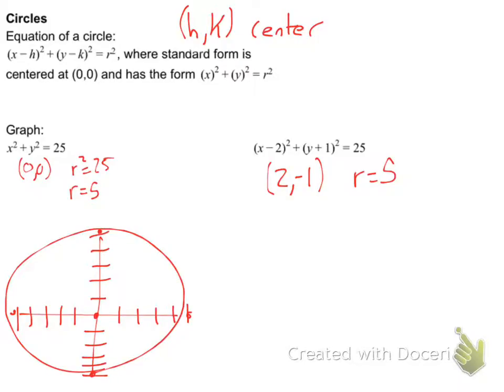It's not always going to be a nice number. It could be the square root of 28 instead, and then you would have to take the square root of 28.